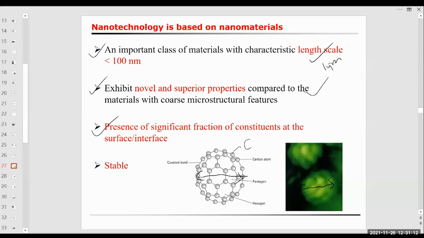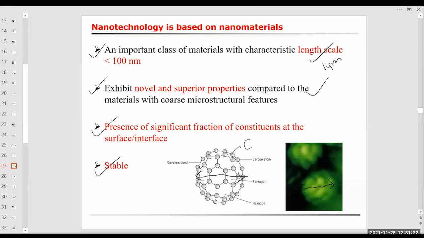Then the fourth one, stability. From the time we synthesize this material till the end of the application, let us assume that this C60 is used in a solar cell. The life of a solar cell is, let us say, from 6 to 7 years.